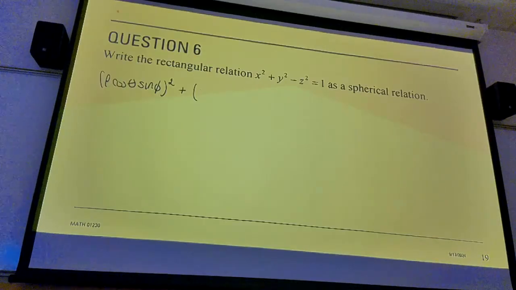What is z? Rho cosine phi. What is 1? Let's just try and simplify it.